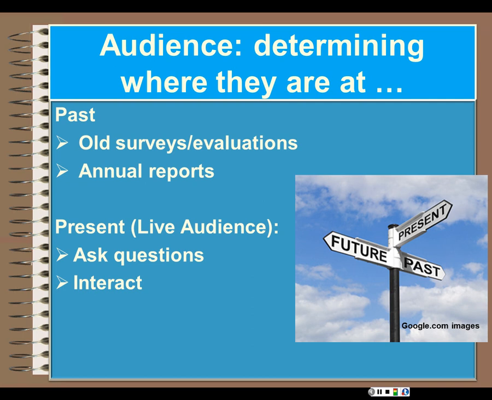And with audience, it's very important for us to put ourselves in the role of the audience. Now, this is going to become increasingly difficult the more professionalized we become, because the more we do something, the more automatic it becomes to us.